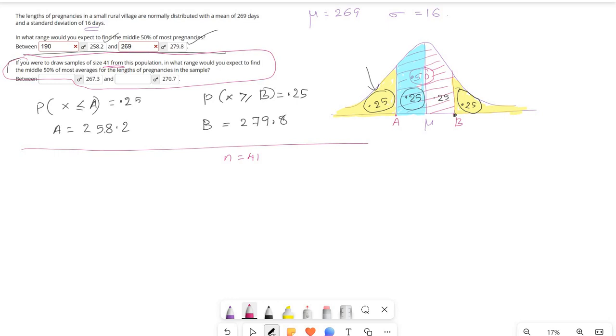By the central limit theorem, the mean of the sample will be the mean of the population, 269, whereas the standard deviation of the sample is sigma over square root of n, that is 16 over square root of 41. We again need the same percentage, so only A and B change, written as small a and small b. Mu will be the same, but sigma will change.